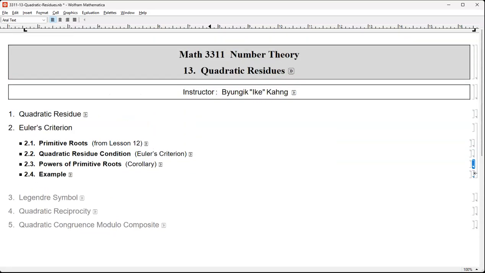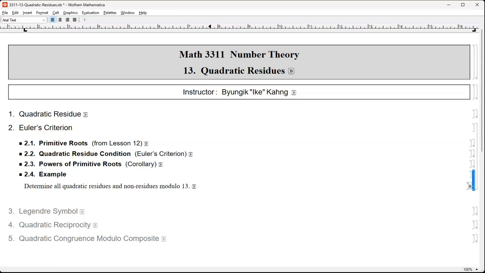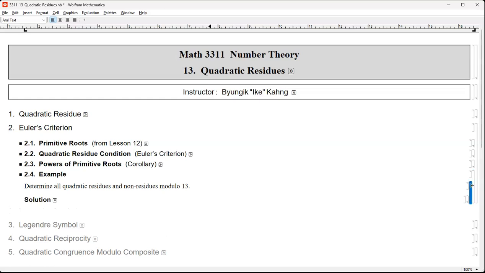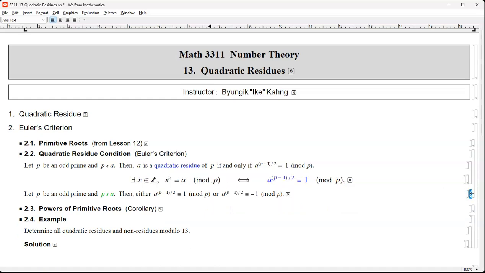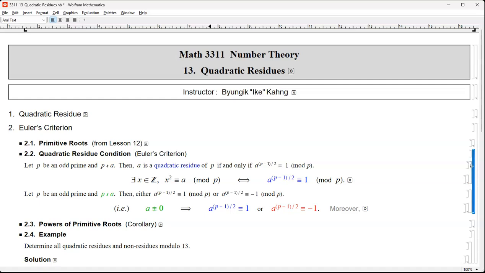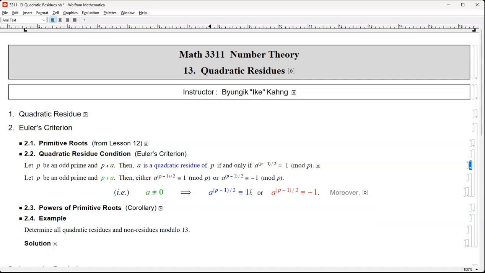Let's see, do we have an example problem here? Determine all quadratic residues and non-residues modulo 13. Okay, we can use Euler's criterion, this one right here. Or maybe this one is a bit easier. So a to the p minus 1 over 2 power is either 1 or negative 1.